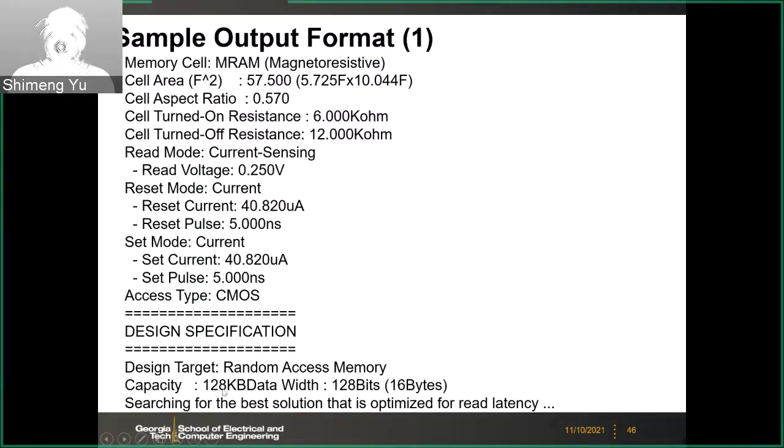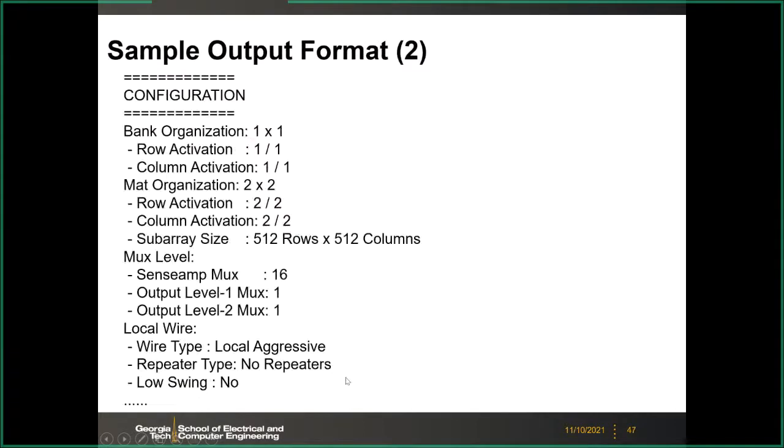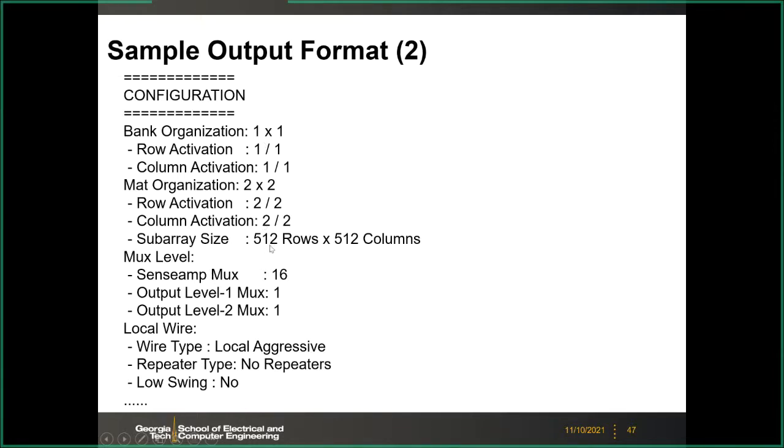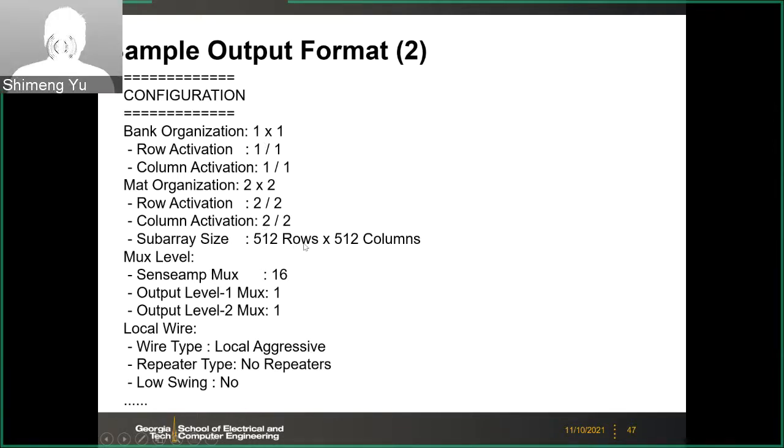You want to design, in this case, 128 kilobyte RAM, and also it will repeat your configuration here. In this case, the subarray size is 512 by 512. Those are the inputs you need to specify earlier, but here in the output report, it will repeat what you used for the input.